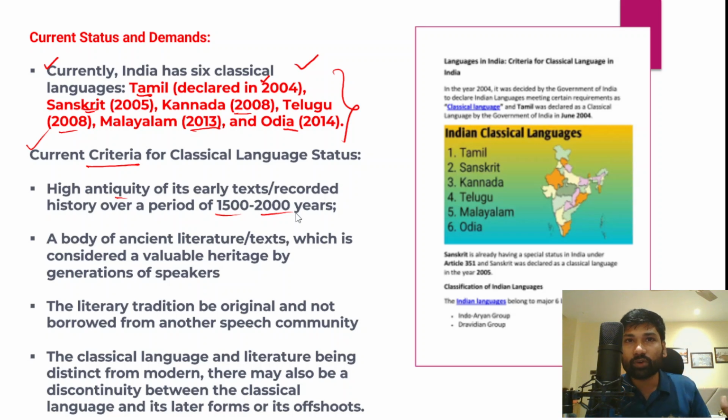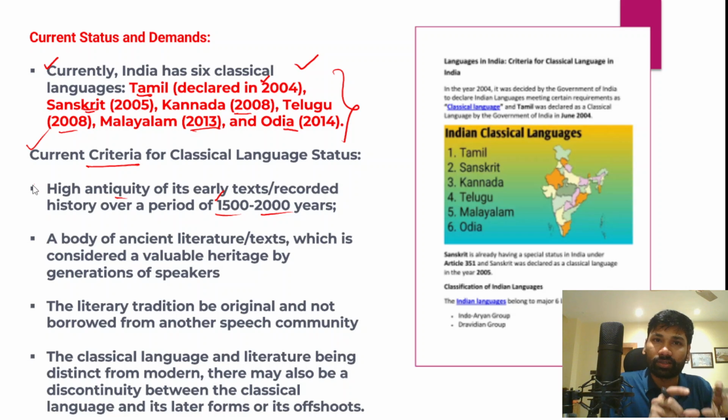Now, majority of these languages, including Assamese, Bengali, Marathi, do not have such a record of 1500 to 2000 years, right? It is very old, and that is too much for any language to evolve and develop, right? So because of that reason, not many languages were included as classical languages.